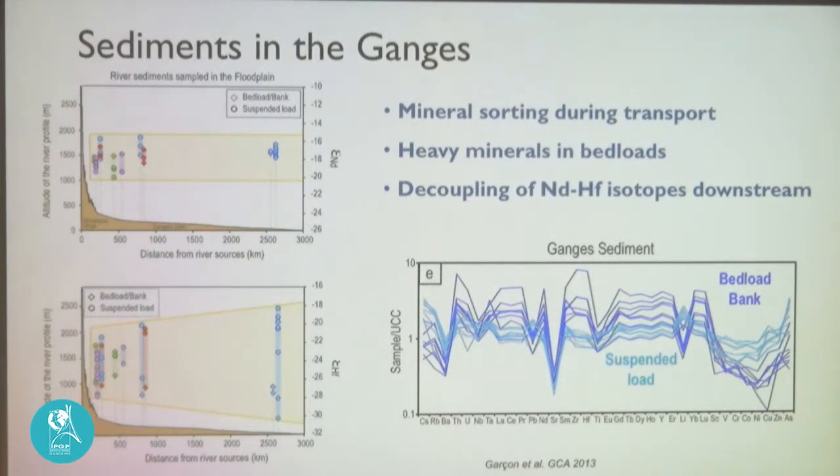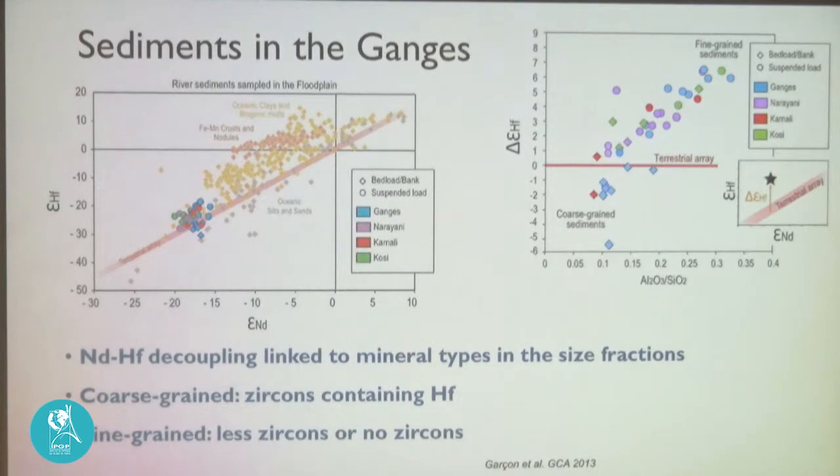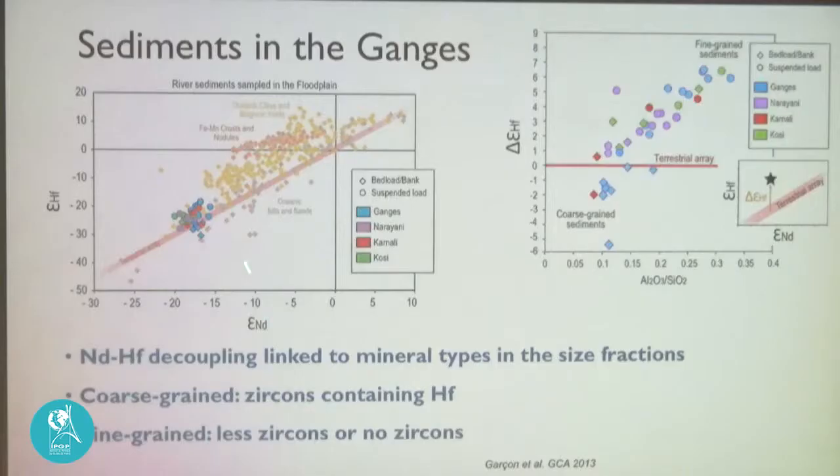And so what do we see in isotopic space here? She plotted all the data for all the samples along the river. What we can quantify is what we call big delta hafnium isotopes. I really have trouble seeing the figure from here to show how it works.